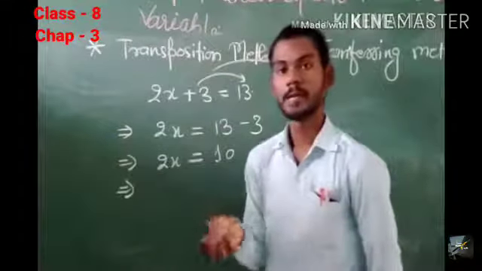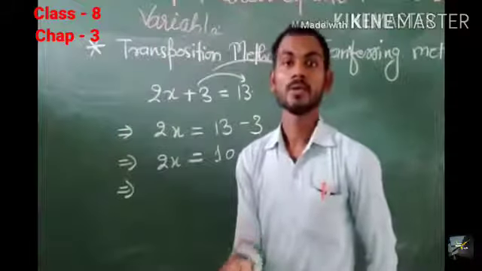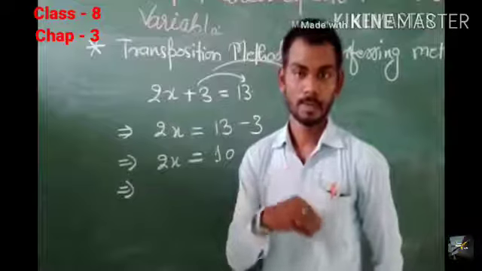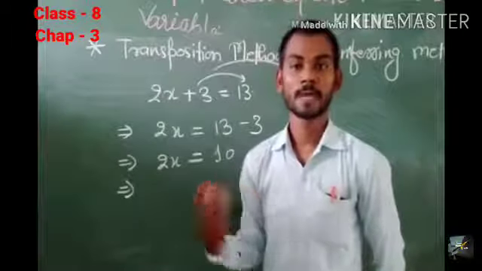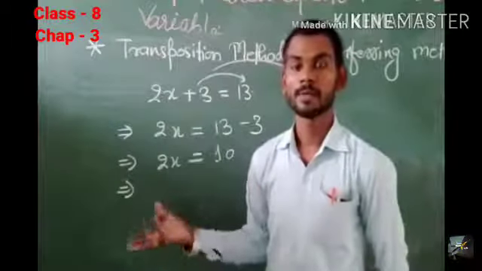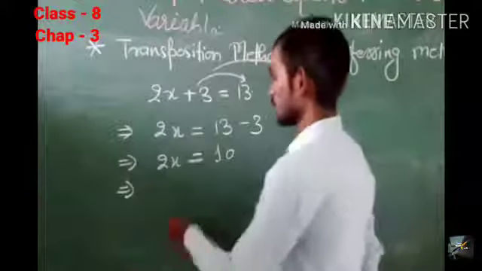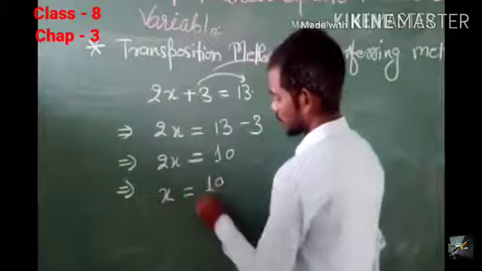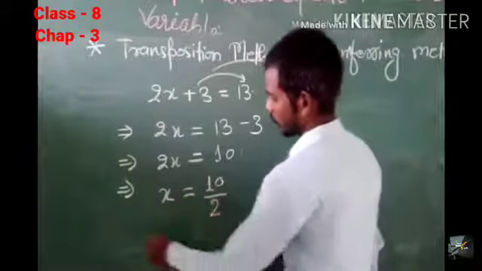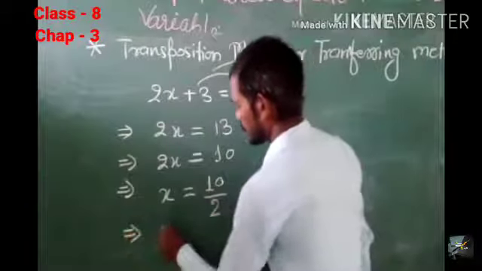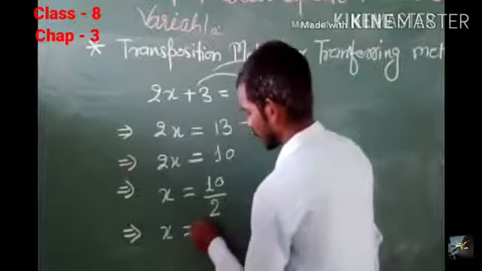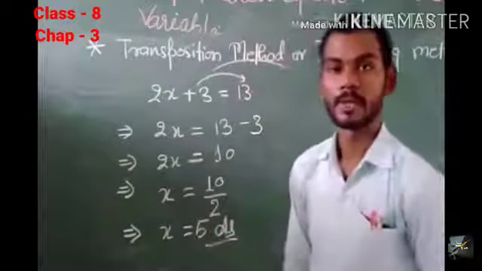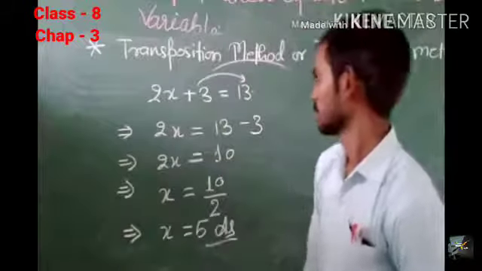As we know that when a multiplier goes from left hand side to right hand side, or from right hand side to left hand side, it becomes a divisor. So we have x is equal to 10 divided by 2. We get x is equal to 5, which is our required solution of the given question.